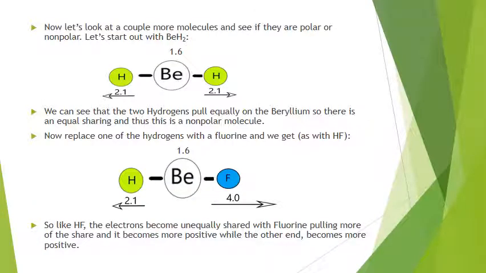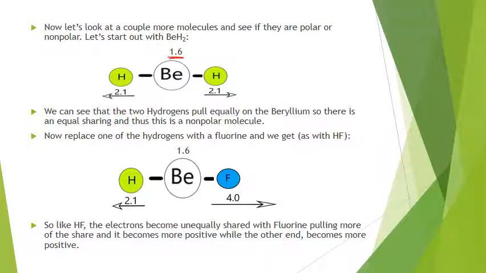Okay, so now let's take a look at this molecule here, beryllium dihydride. We already looked at this one and figured out its shape. It's linear, has two connections and no lone pairs, and it's also sp hybrid. Now let's take a look at it in terms of electronegativity.